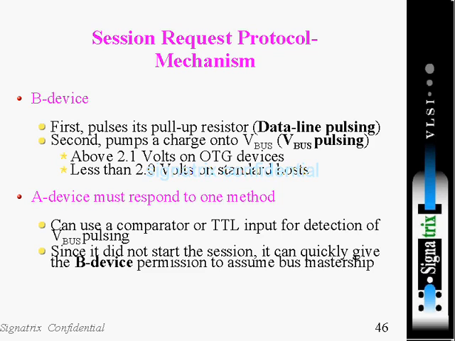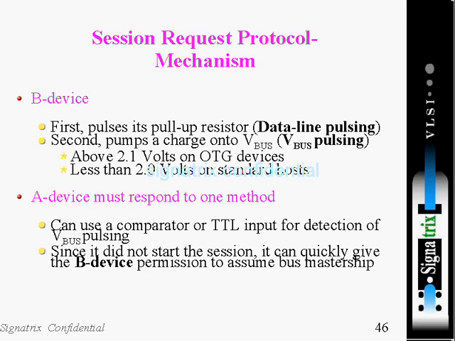This is the implementer's choice. Implementers can implement both, or only one of these, data line pulsing or VBus pulsing. These will be generated by the B device.